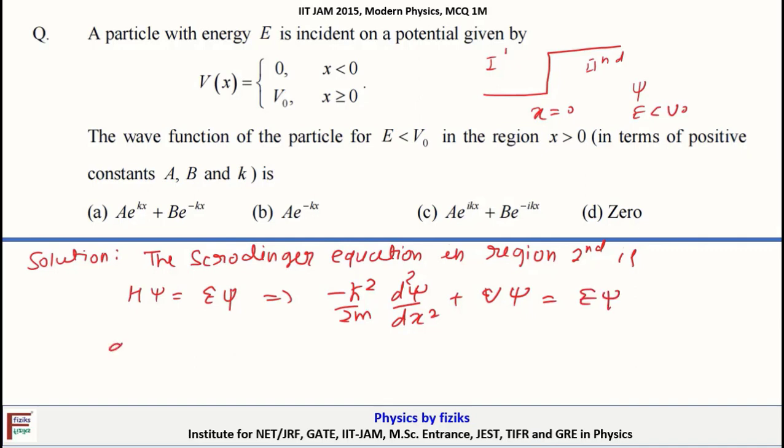So del square ψ by del x square plus 2m by h cross square (E minus V) ψ equals 0.